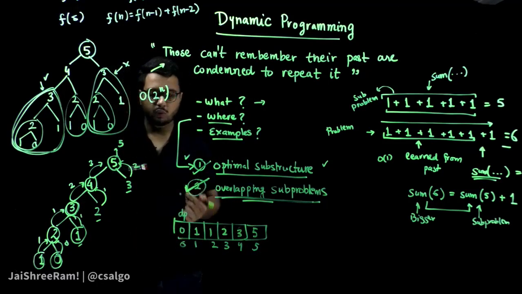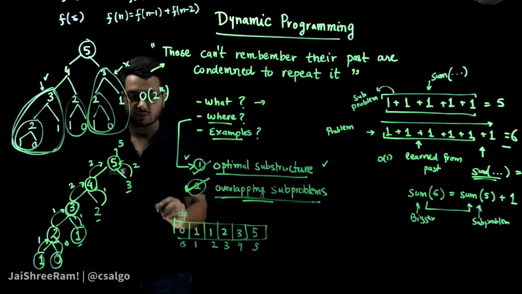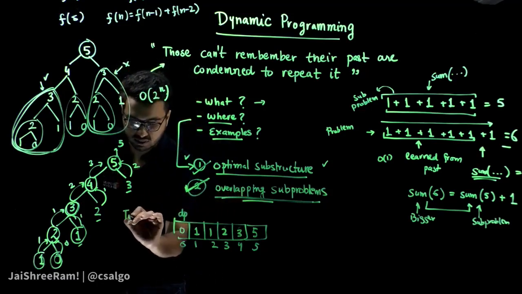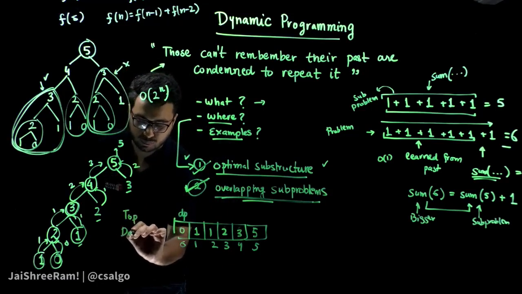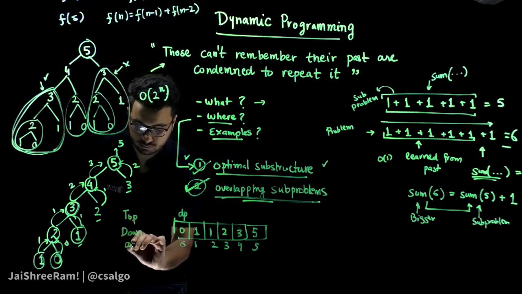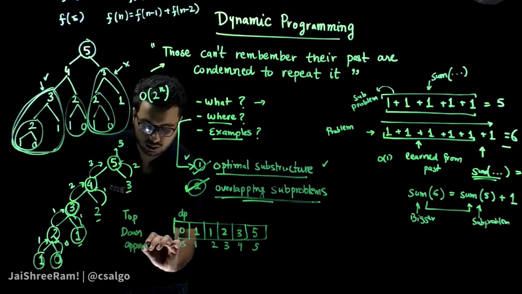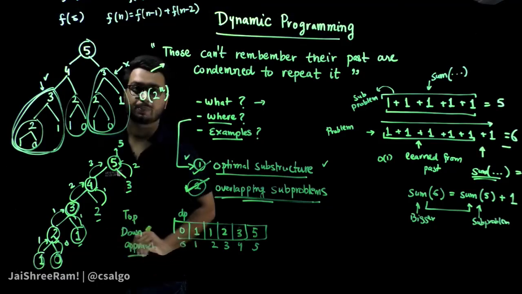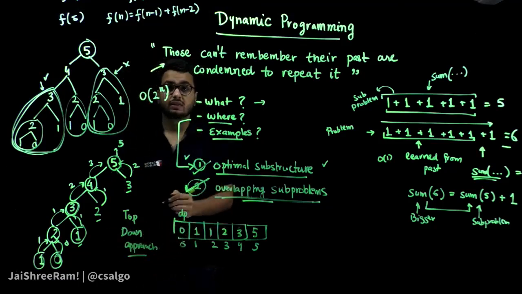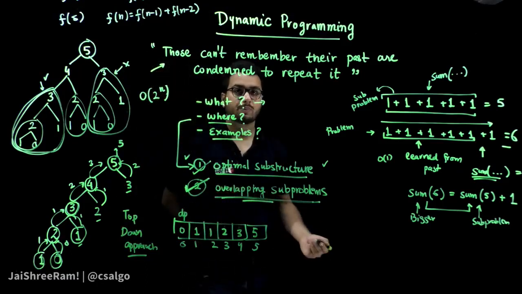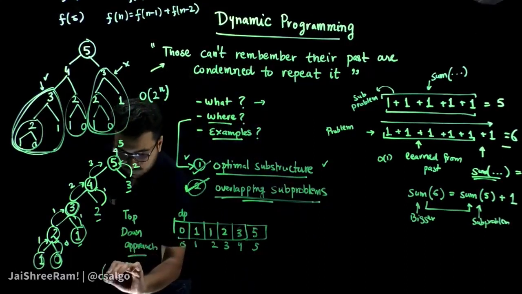So there are two ways in which you can apply DP. So this approach that we just discussed is called top-down approach. The other way that you could have done to solve this problem would have been a bottom-up approach, right? So top-down is nothing but recursion.